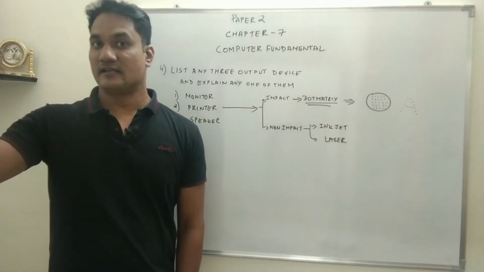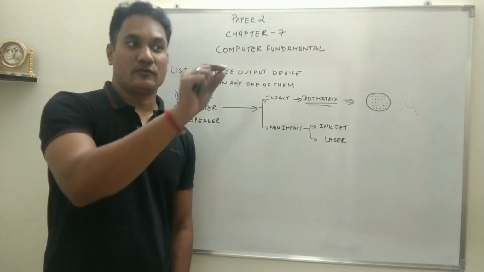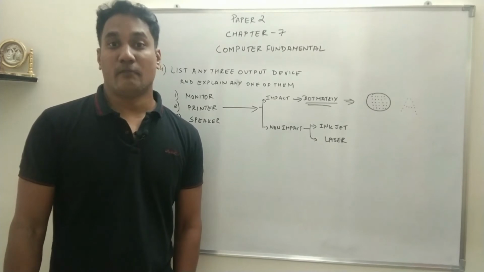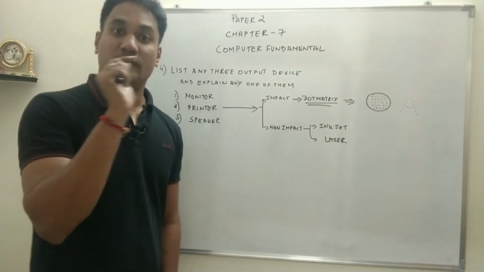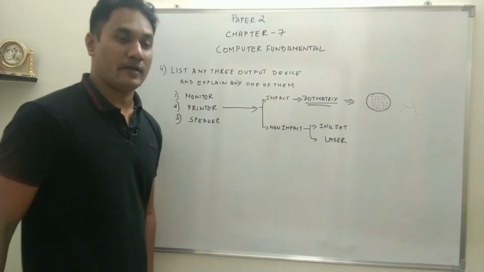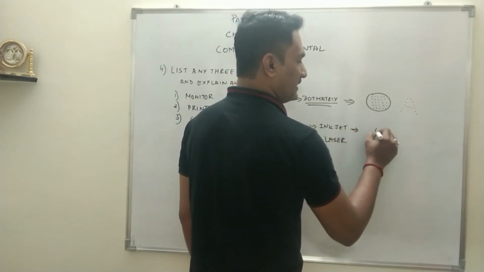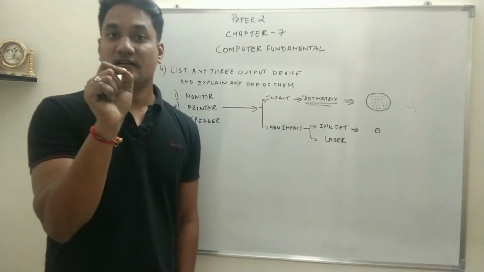It will complete the entire line, and it will again come back to its initial position, and start writing from the second line. So this is called line by line printing, and it is an impact printer, as it will be in constant touch with the paper.